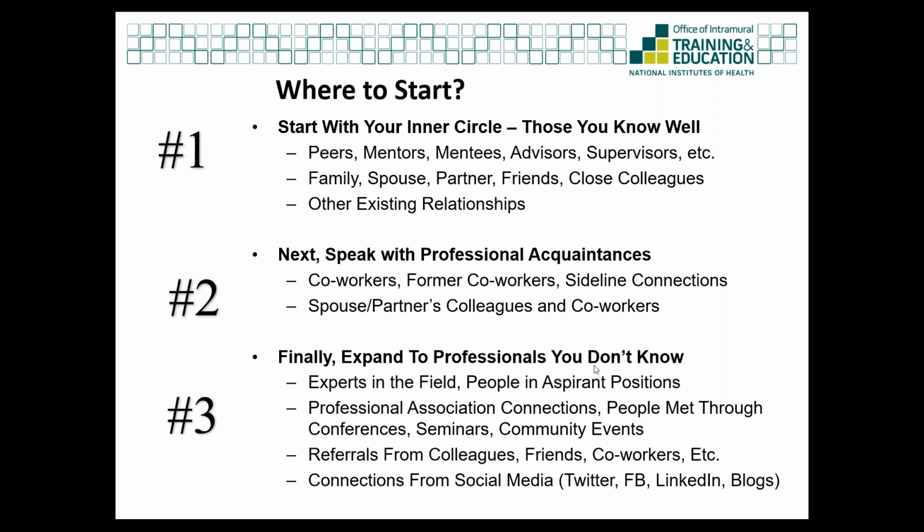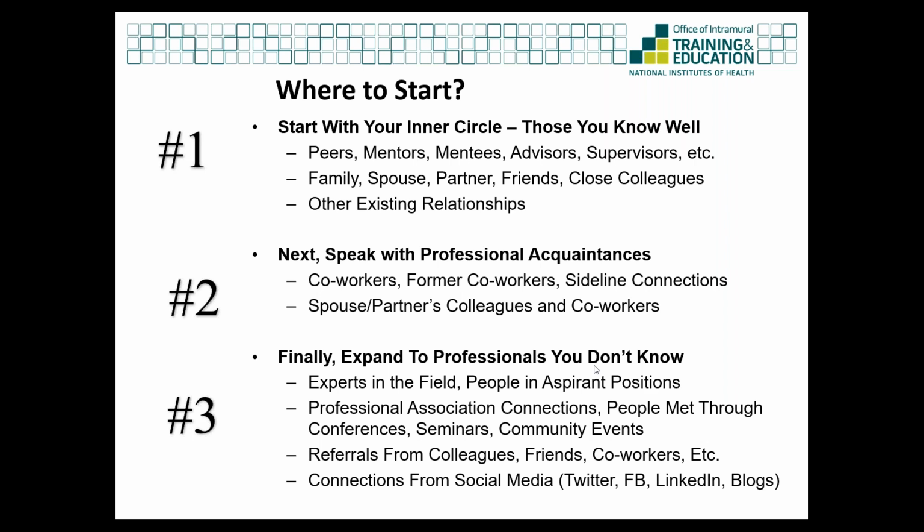The other thing, for those of you that tend to focus on your inner circle and stay within that number 1 phase and don't really branch out, is that I really do see people fall into what I call best friend syndrome. Best friend syndrome is relying on one or two or a few people to make all of the professional connections in your life.